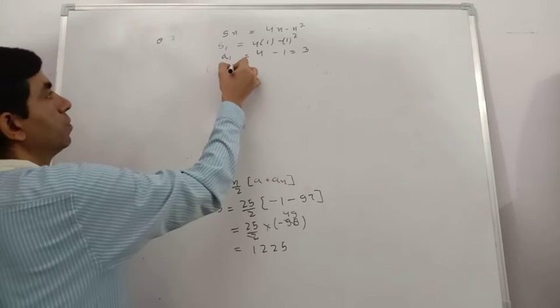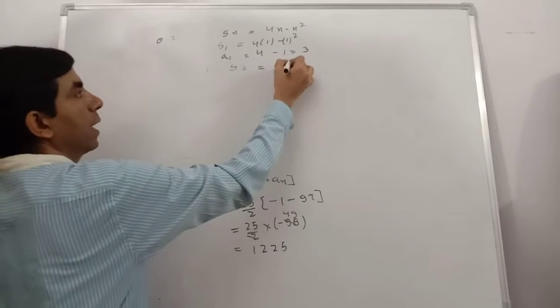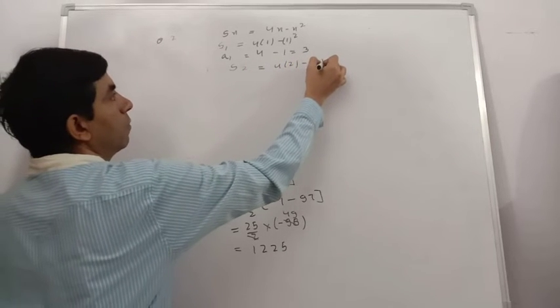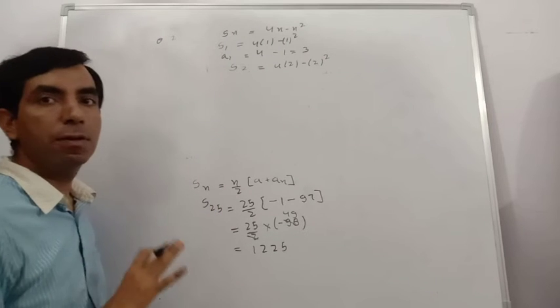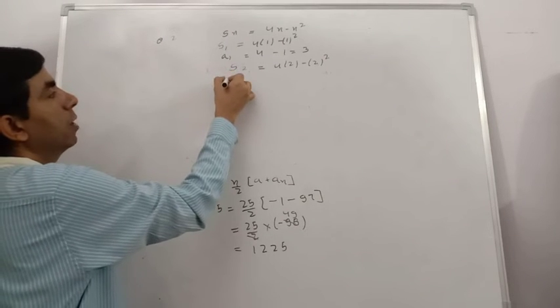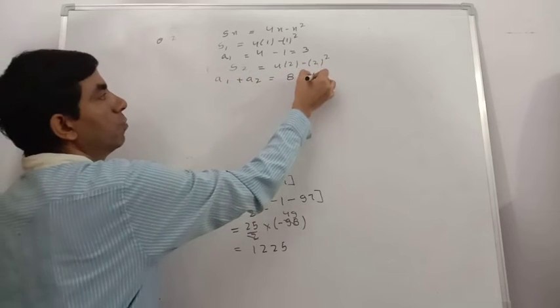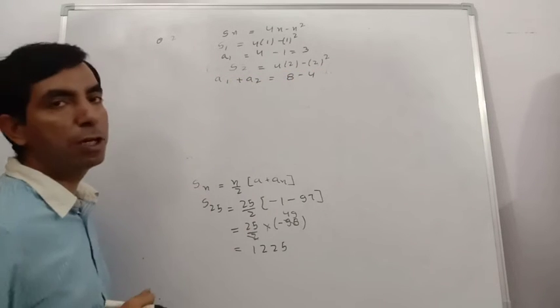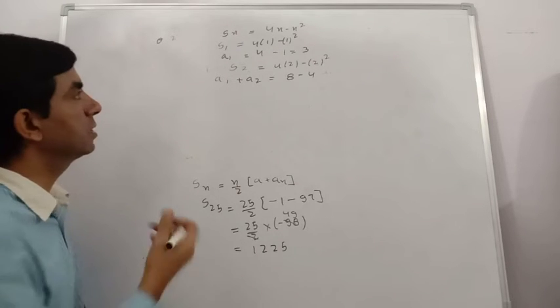Next, S2 is 4 times 2 minus square of 2. Now, the sum of two terms is A1 plus A2, so S2 is A1 plus A2. 4 twos are 8 minus 4. Now we put the value of A1 because we already calculated it in the previous step.